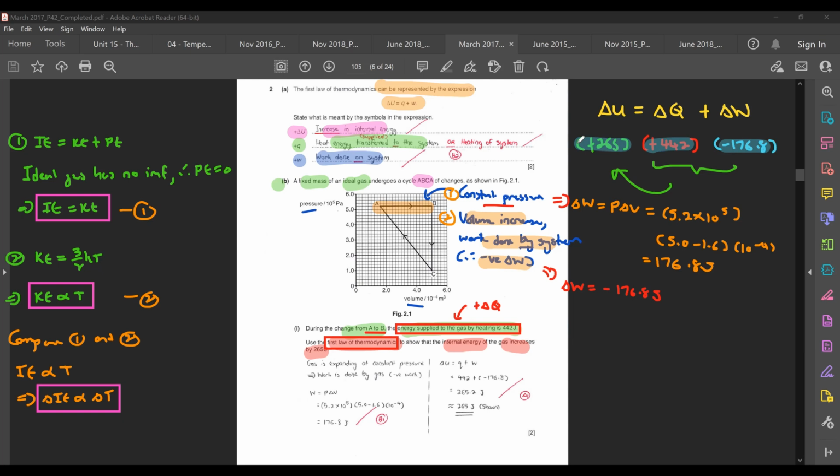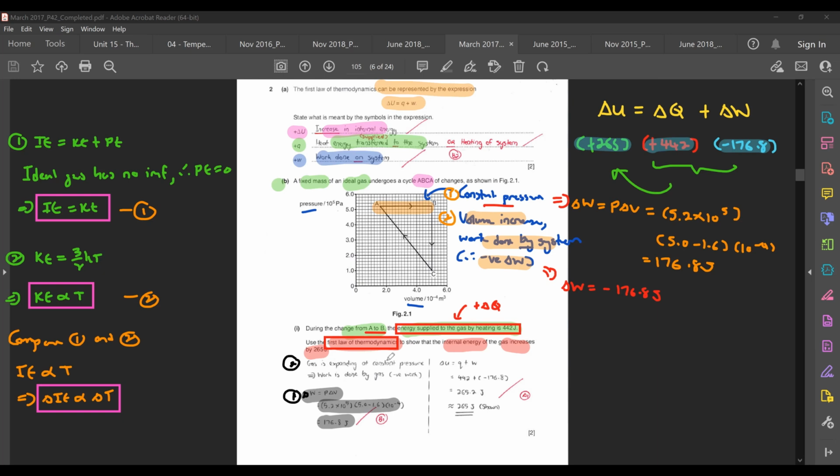So how would you write out your answer correctly? If you want to write out your workings, you probably would write this first: your delta W is pressure times change in volume. Then you explain whether it's positive or negative.